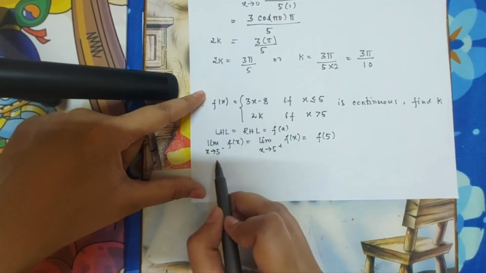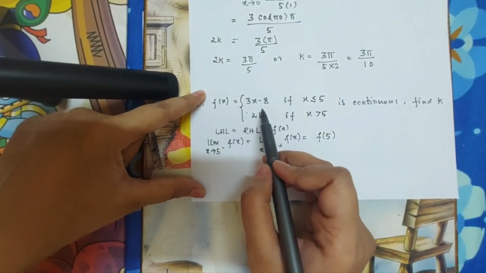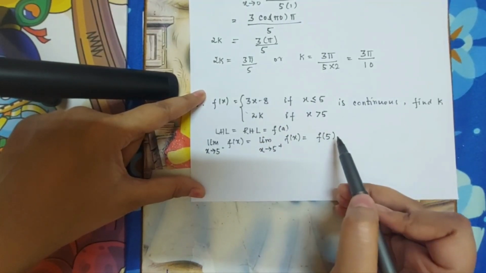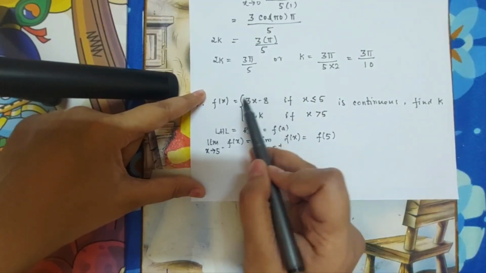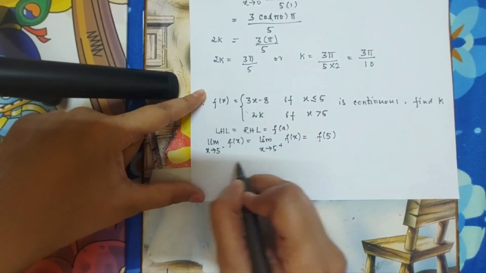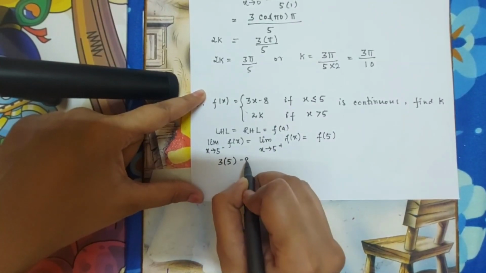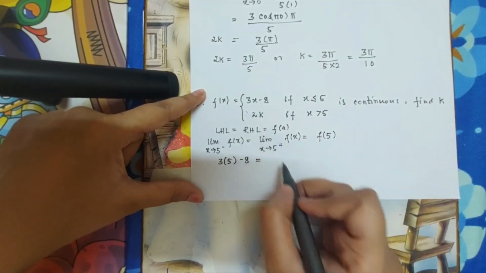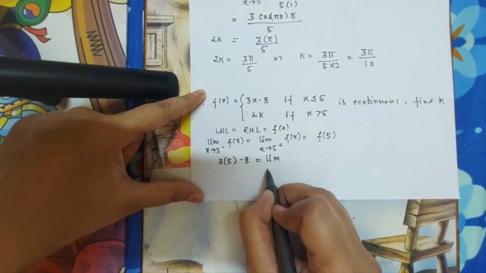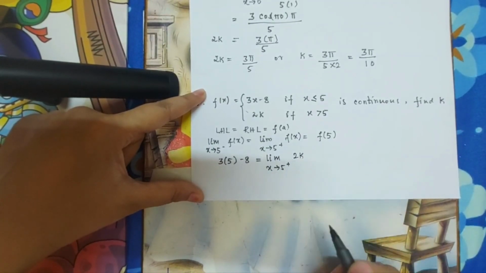So our LHL is 3x minus 8. Along with that, our f of 5 will also be found at 3x minus 8. So I'll be able to write this as 3 into 5 minus 8 will be equal to limit as x tends to 5 plus 2k.